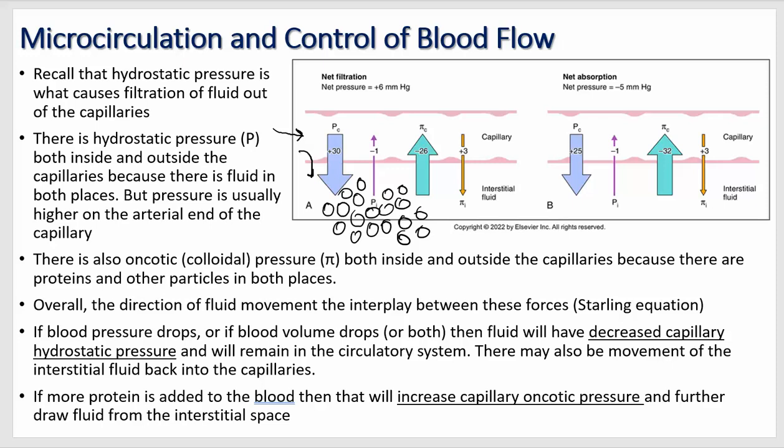So when we're talking about blood flow and blood pressure, one thing that we need to maintain is enough hydrostatic blood pressure. We'll call that PC, pressure in the capillaries. So hydrostatic pressure is pressure in the capillaries. That's capillary hydrostatic pressure.